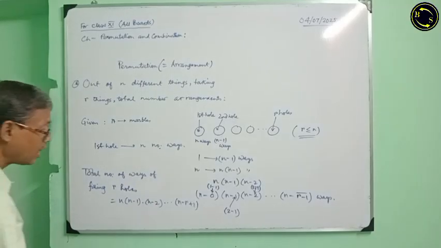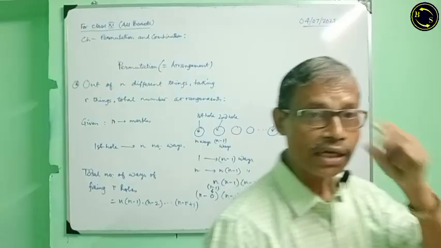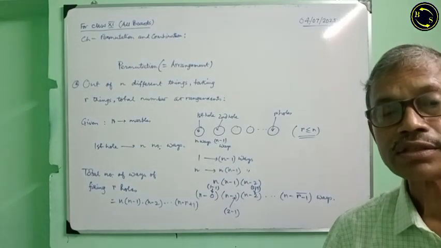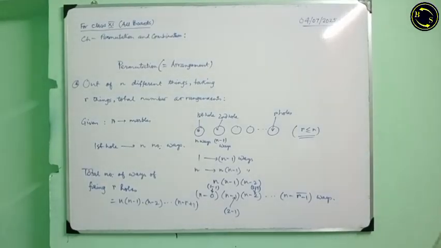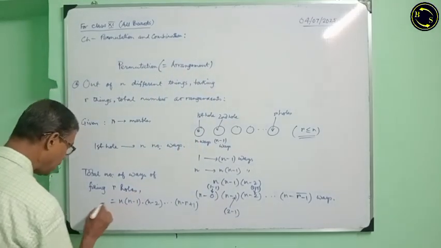And already I have discussed, if you arrange r articles out of n different articles, total number of arrangements is denoted by the symbol nPr. Therefore, it will be nPr.